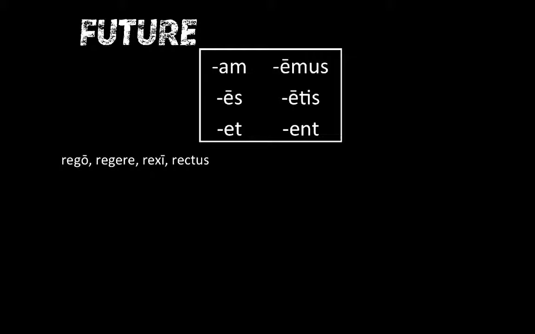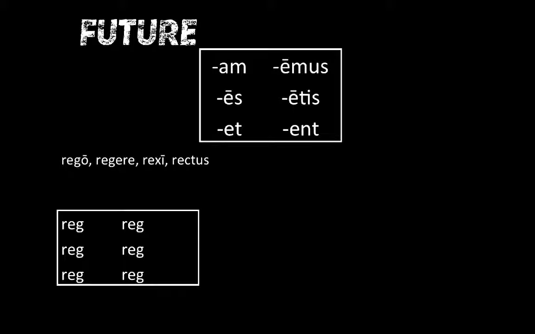Let's start with the third, rego, which means I rule. We will take our stem, just like normal, reg, but now let's add these future endings onto it to create the future tense. And there we go. We just took the stem and then added on the future ending.